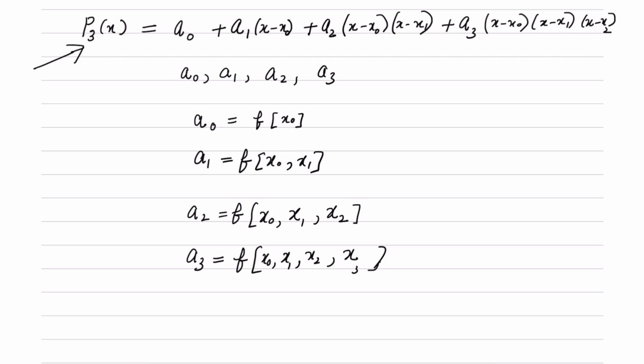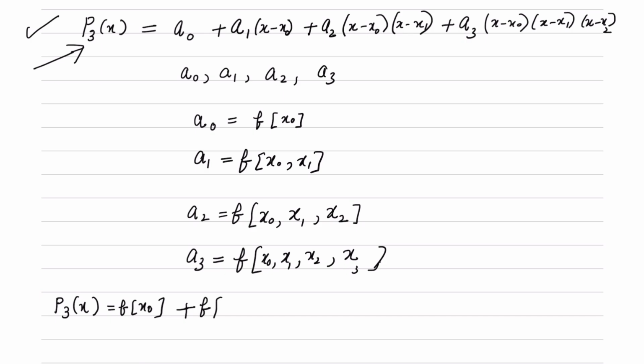Now we are going to put Newton's polynomial P3 of x in the divided difference notation. So we will write P3 of x. In the place of a0, we will put f of square bracket x0 plus a1.